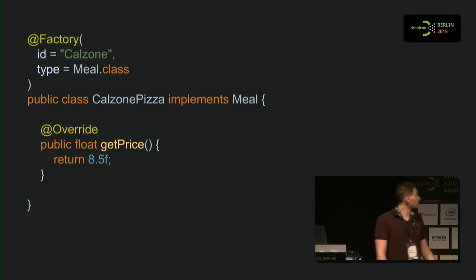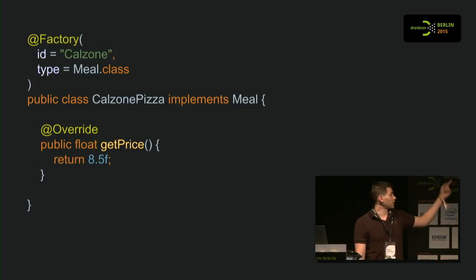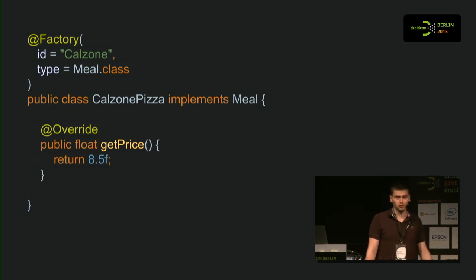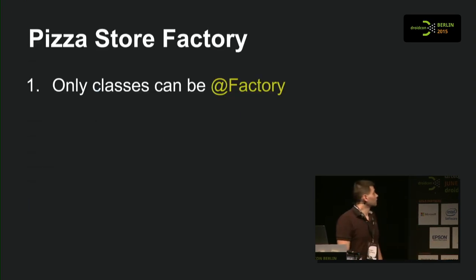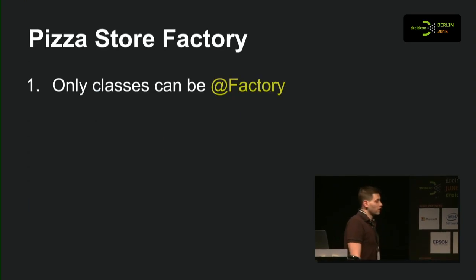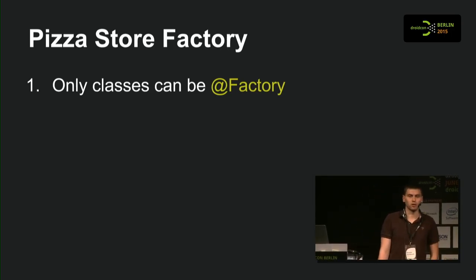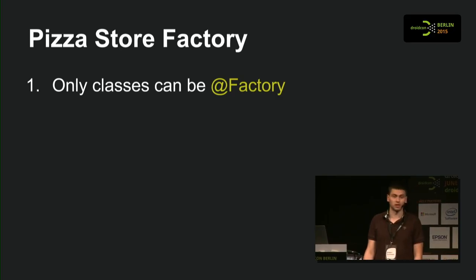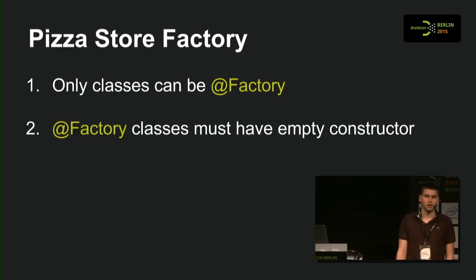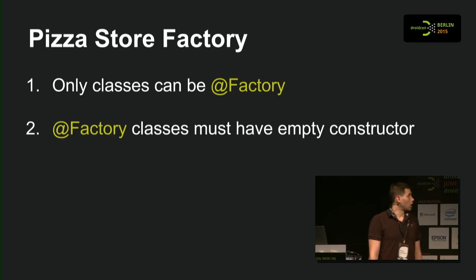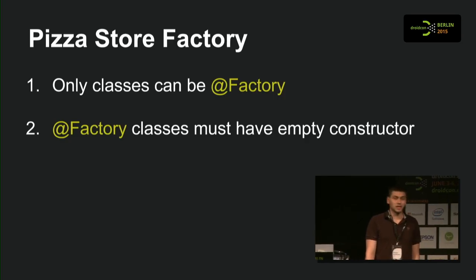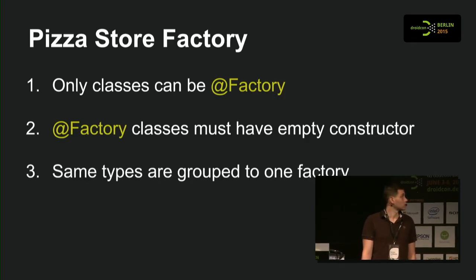So Calzone would look like this, and Tiramisu is pretty much the same. We also introduced some rules for our factory annotation processor. The first rule is only classes can be annotated with AddFactory. The second rule is the annotated class must have an empty constructor.